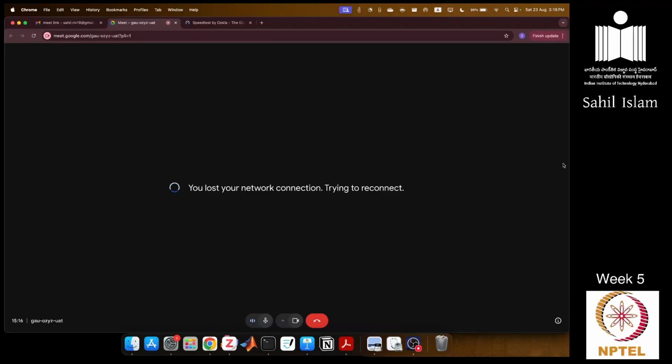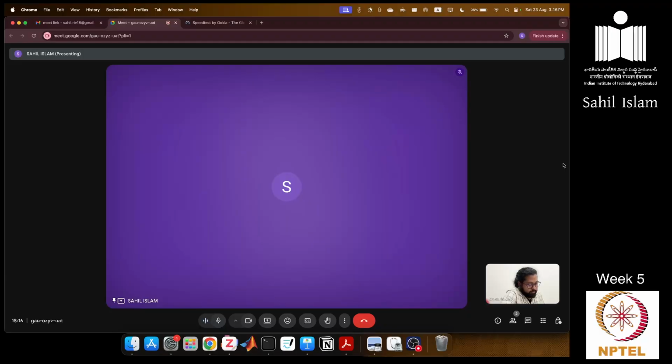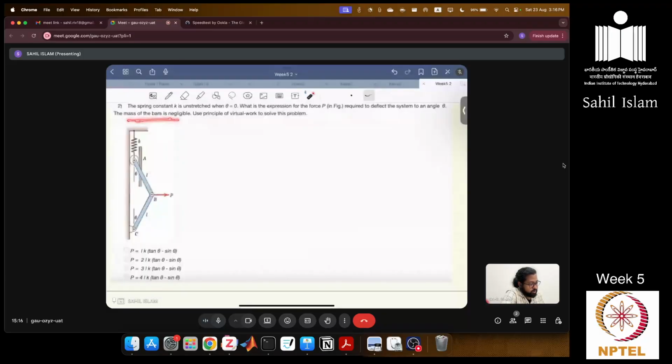What is the expression of force P in the figure, required to deflect the system to an angle theta? The mass of the bar is negligible. Use the principle of virtual work to solve for the system. So let's say this is the x direction and this is the y direction, like this. So we have force P here.